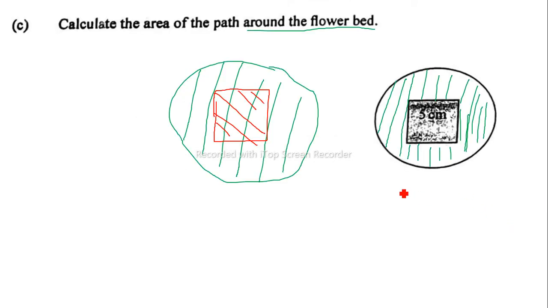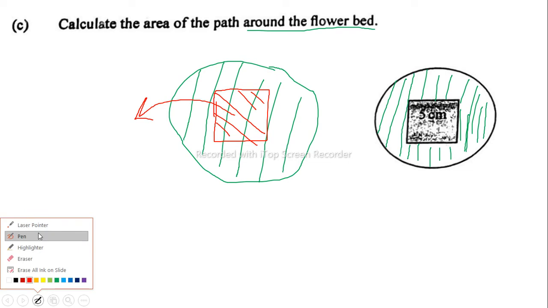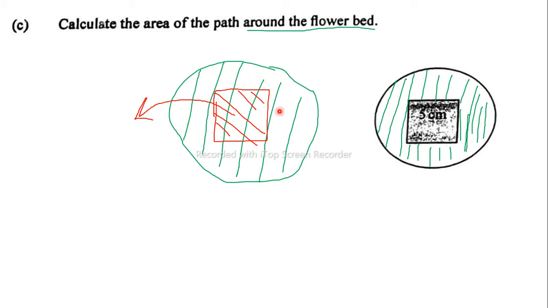So if we're trying to find the area of the thing around it, all we need to do is take this away from the total. Take this area away, like pull it out, and then we'll be left with just the area around the flower bed. Does that make sense?